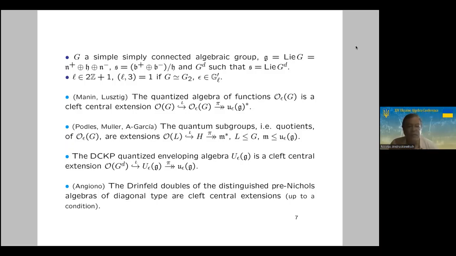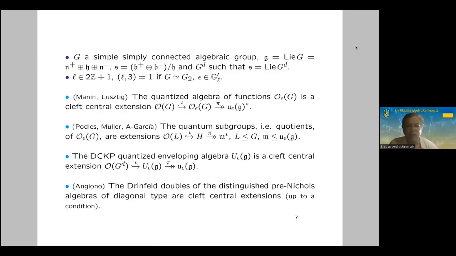So the example I want to mention is the quantized algebra of functions O_epsilon(G) at epsilon, I repeat, a root of unity with some constraints. This quantized algebra of functions was defined in some cases by Manin for A_n and in general by Lusztig.